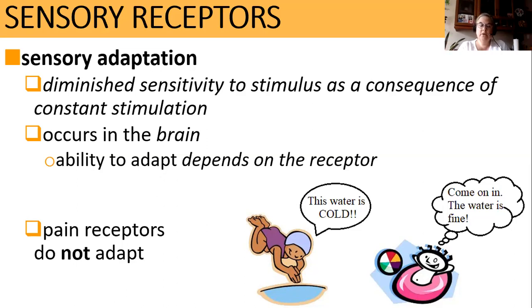That's not going to work because that would cause more damage to that body part. So pain is an important message to us, and we don't want to lose sight of that. That's what sensory adaptation is, and we've all experienced it in some way, like the shirt you're wearing today.